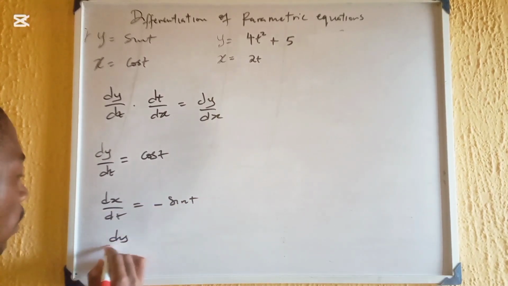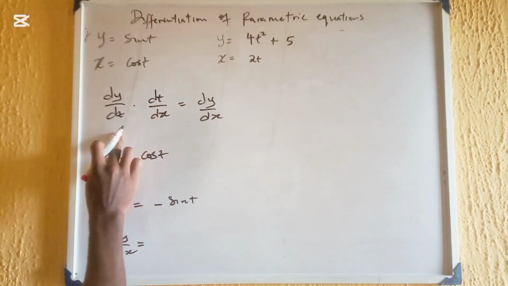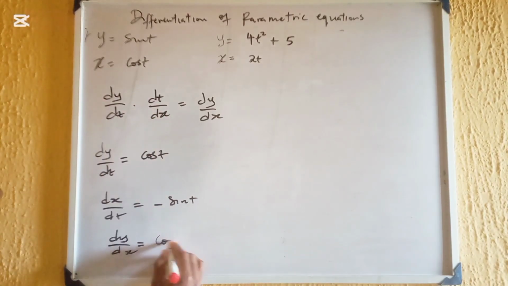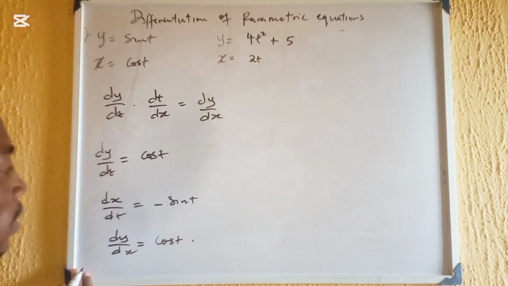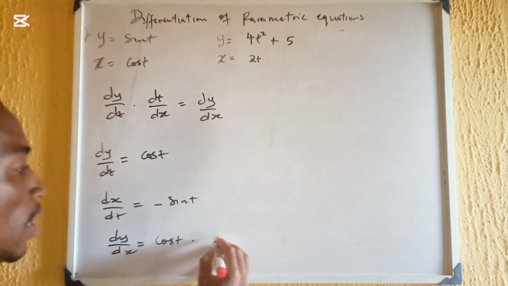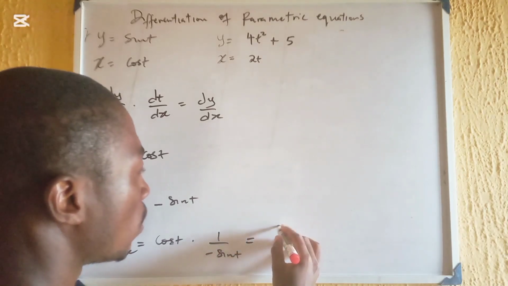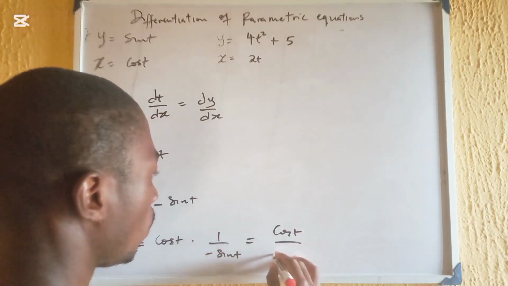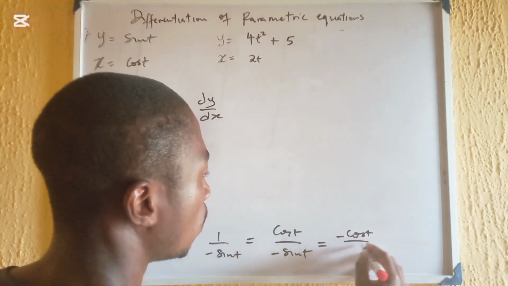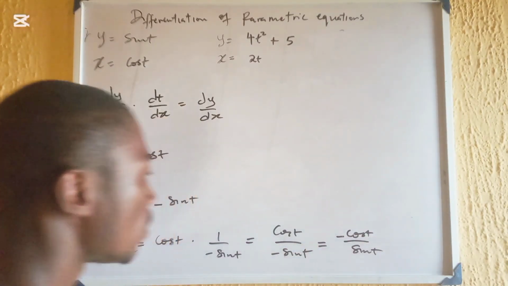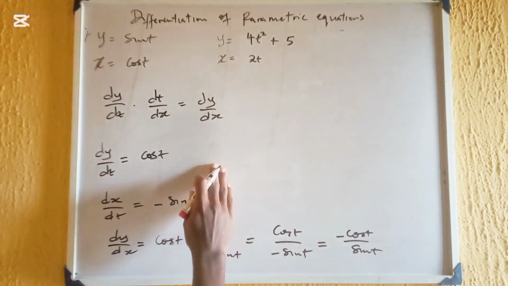So dy/dx is equal to dy/dt, and dy/dt is cos t, times dt/dx. And dt/dx is the inverse of dx/dt, that's 1 over minus sin t. This gives us cos t over minus sin t, which is the same thing as minus cos t over sin t. Now we can verify if this is true using trigonometric identities.